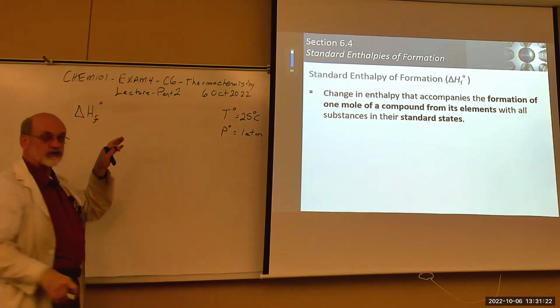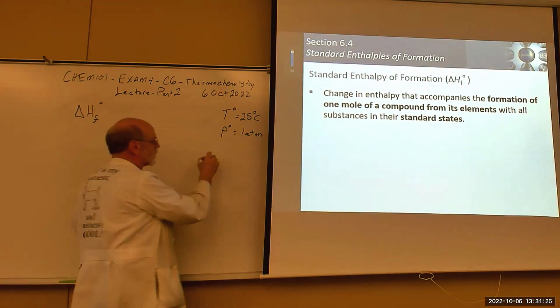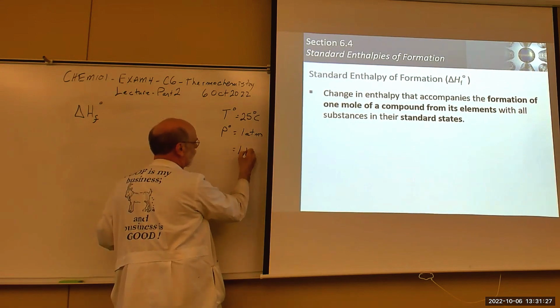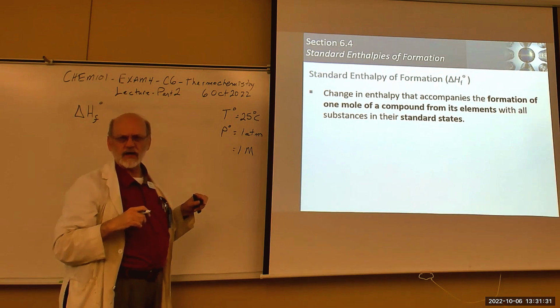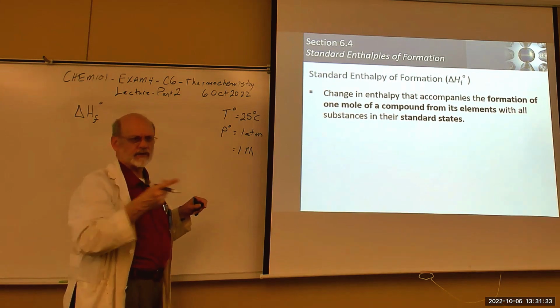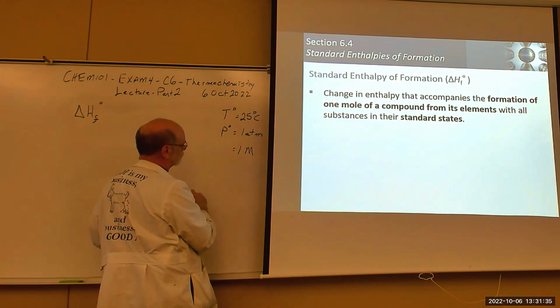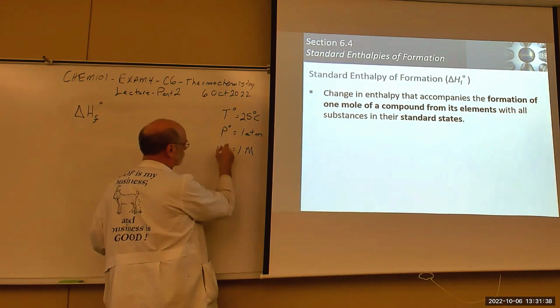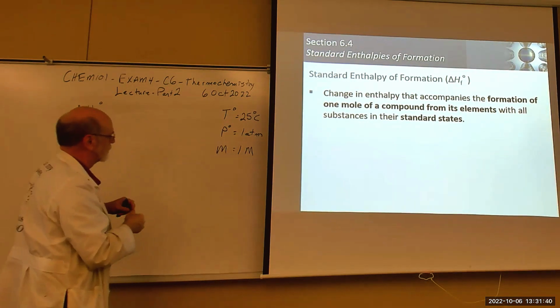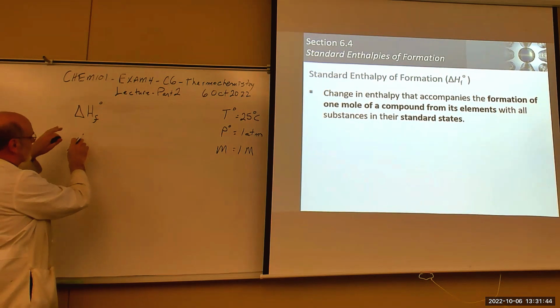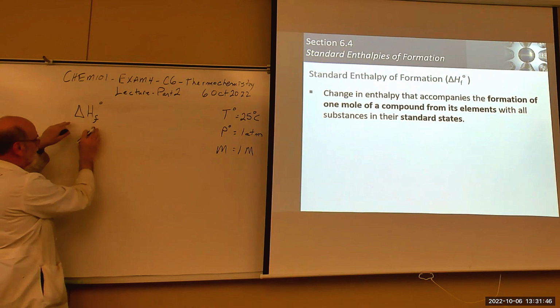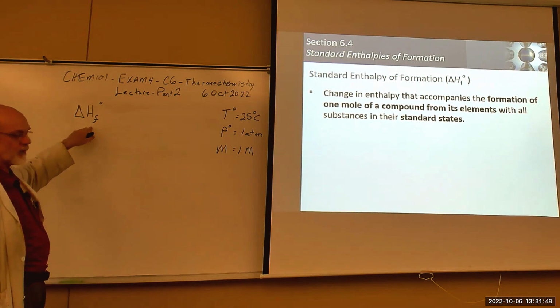And if you have any solutions that are involved, the concentration has to be 1 molar. Did we do that on the solutions? Concentrations? Yeah, we did. So, well, molarity has to be 1 molar. Okay, now that we have those conditions, then we have to define how do we write a standard enthalpy of formation.